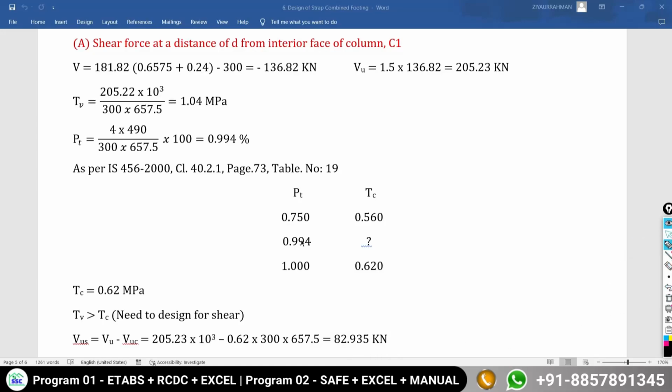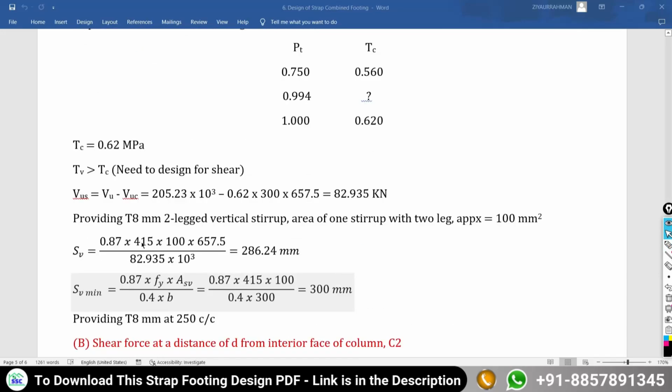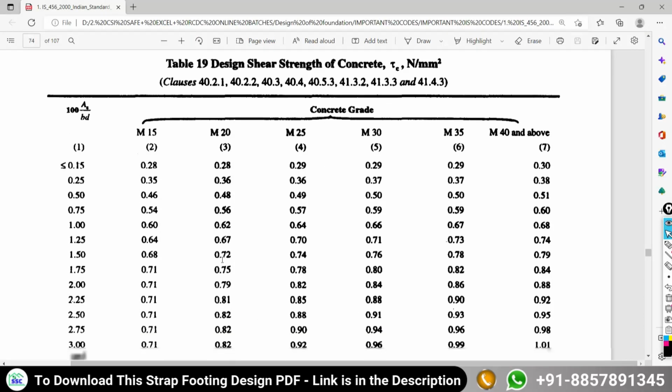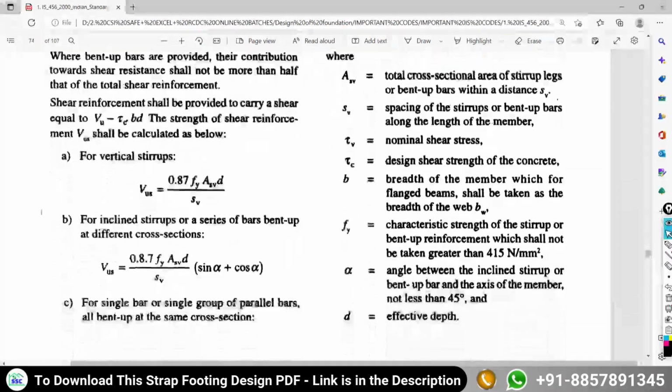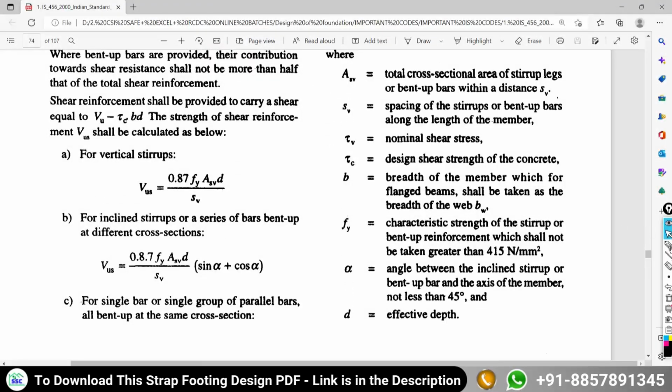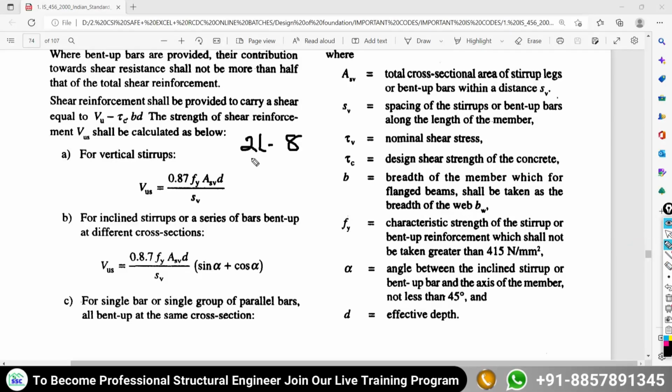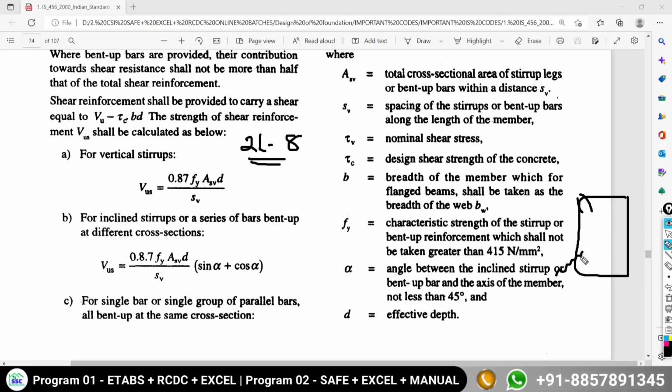Again you have to look at IS 456-2000 to find the shear reinforcement spacing. Have a look at the same page of IS 456 for the vertical stirrups. Here I am planning to provide 2-legged 8 mm diameter bars as vertical stirrups. The shear force is coming from this side, so to resist it, 2 legs are available.